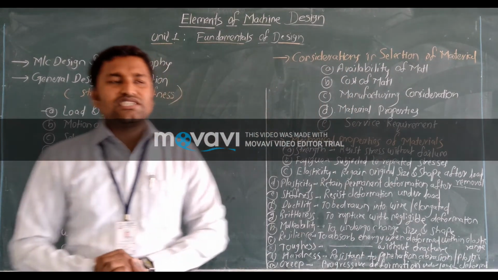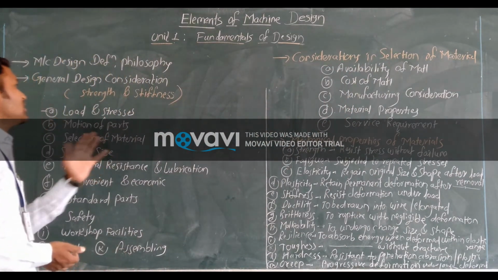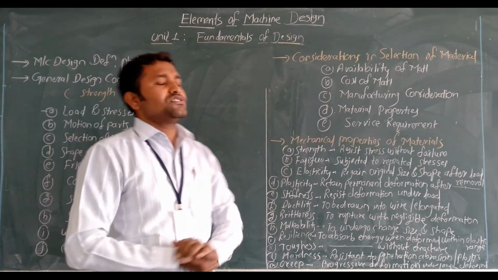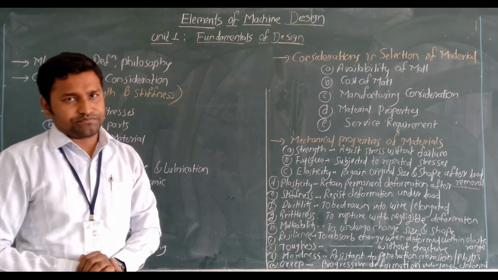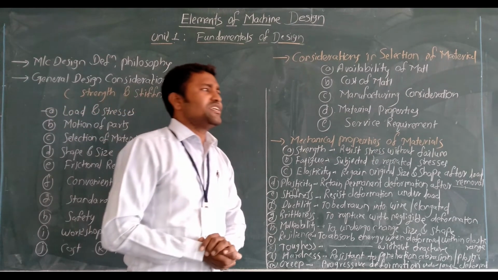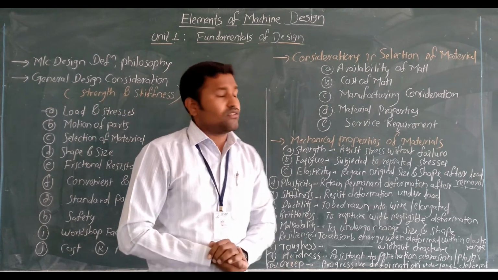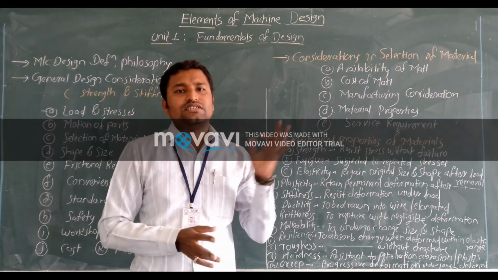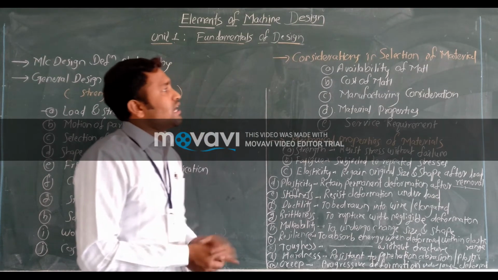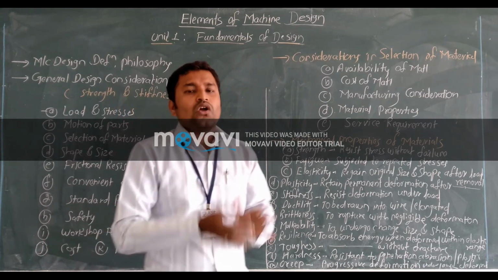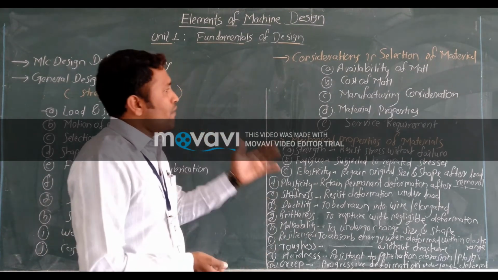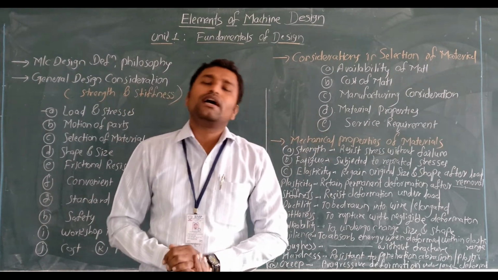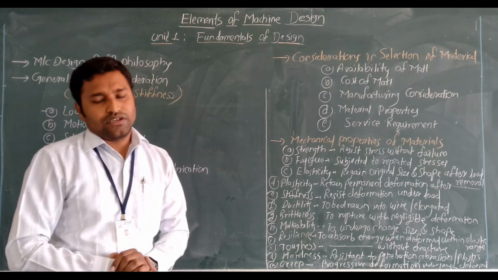After considering these general considerations, you'll see the considerations in selection of material. While considering any type of material, you should consider the following factors: availability of material, cost of material, manufacturing considerations, material properties and service requirements.